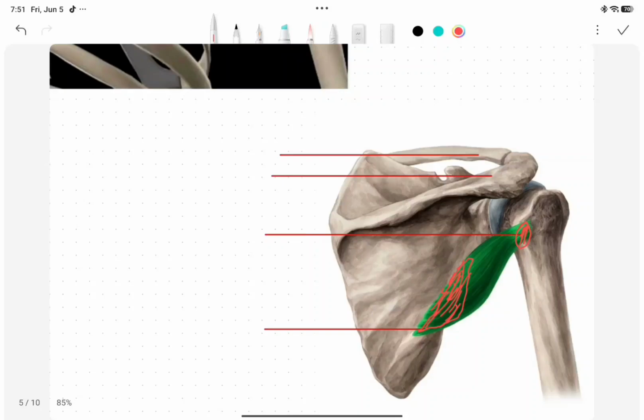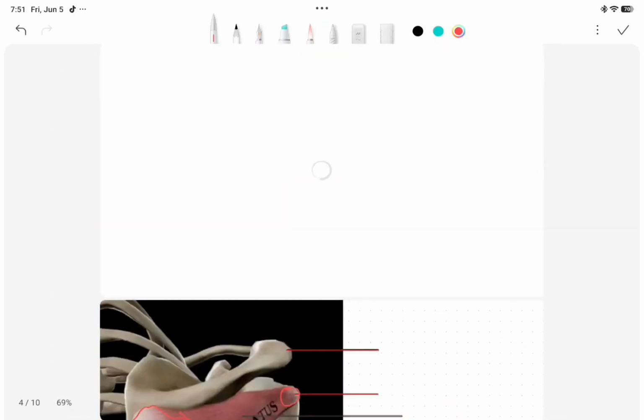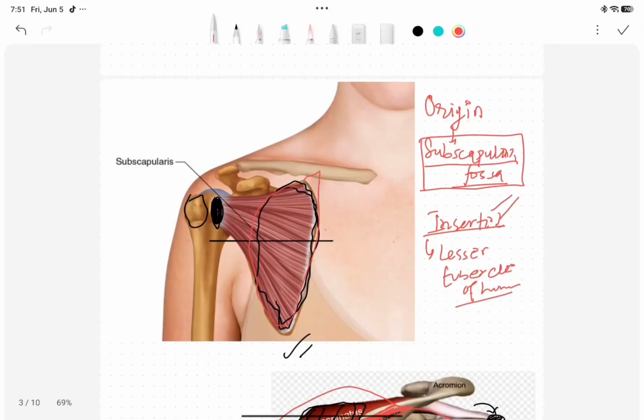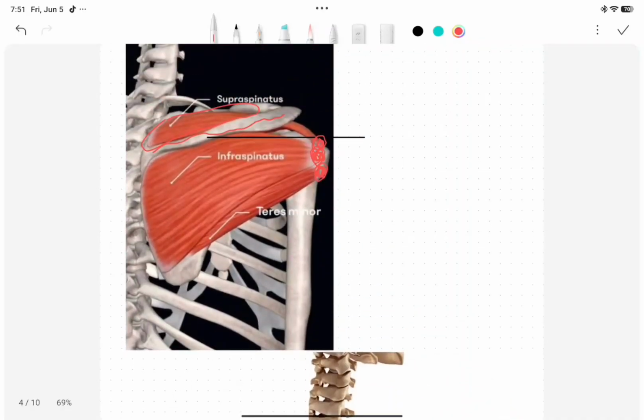These are the rotator cuff muscles of the posterior side, and the rotator cuff muscle of the anterior side originates from the subscapular fossa and is inserted in the lesser tubercle. So there are 4 rotator cuff muscles. This is the crest of spine.